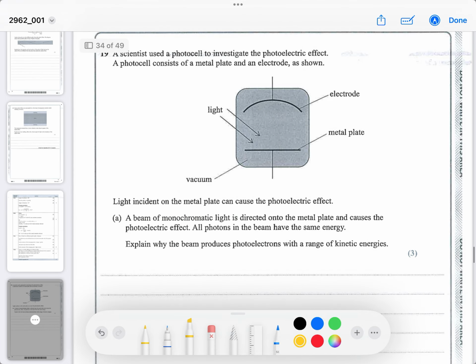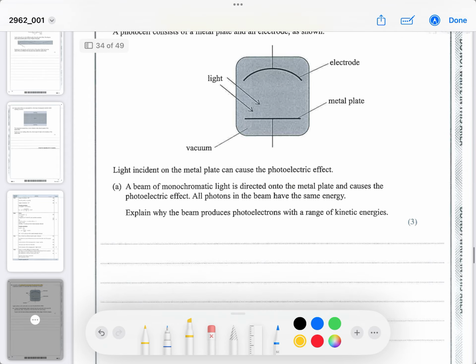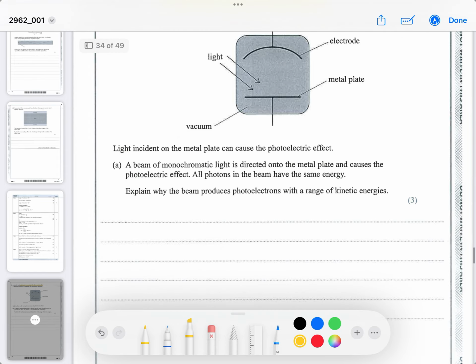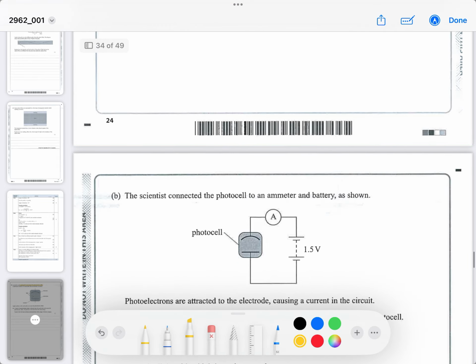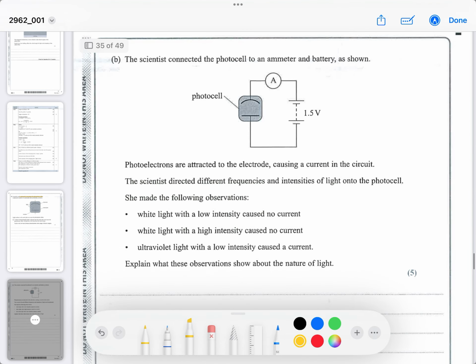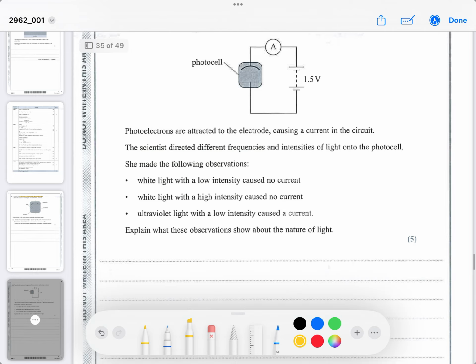Question 19 also, you've got a photocell, so it's not needed for my students in Wednesday's exams, but it is for international A-level students. I plan to do that before Wednesday, I hope. Okay? So you can have a look at the question. You might have done this paper already. I'll show you the mark scheme. 5 marker here.